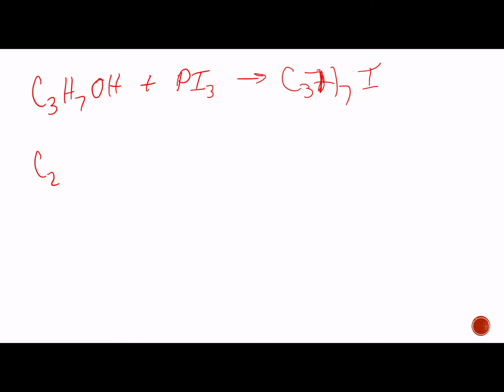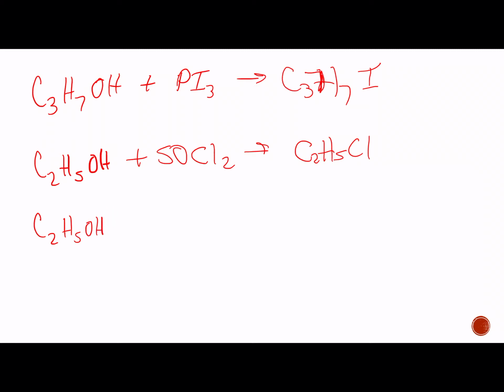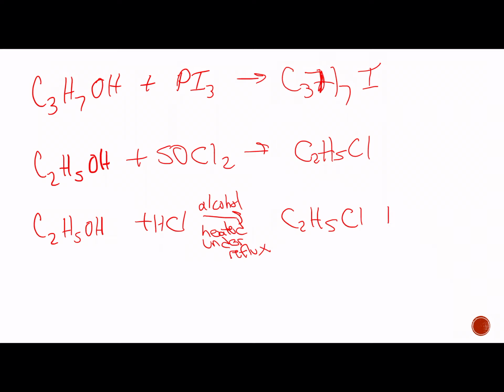If I have C2H5OH plus SOCl2, I would end up with C2H5Cl. If I have C2H5OH plus HCl, in alcohol and heated under reflux, I will make C2H5Cl plus water, which again, you don't have to write the other product.